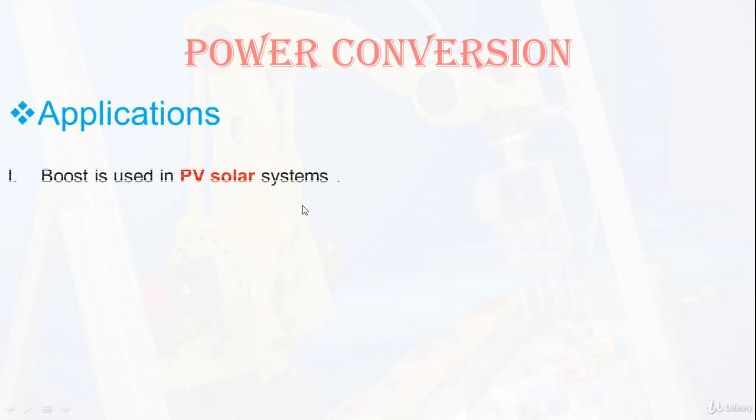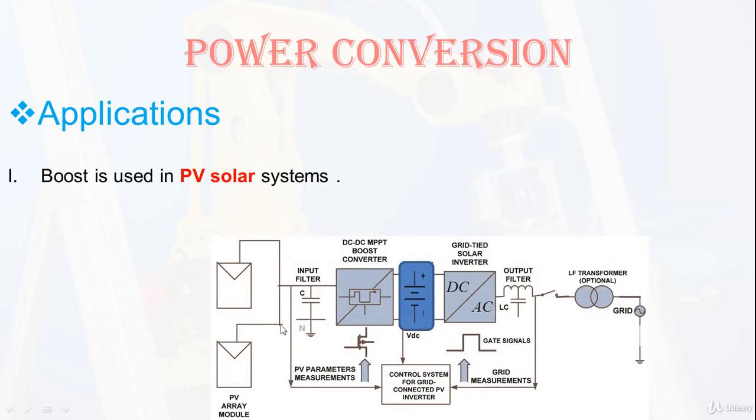We have an application here: we use this boost circuit for the PV solar system. If we have this solar system, we can take a quick overview on it. These solar arrays will have electrons flowing from here to the input circuit, as this is the electrical power which flows from our solar array system to our input.